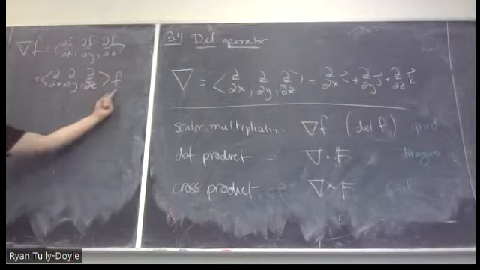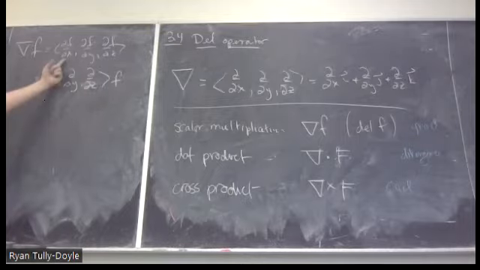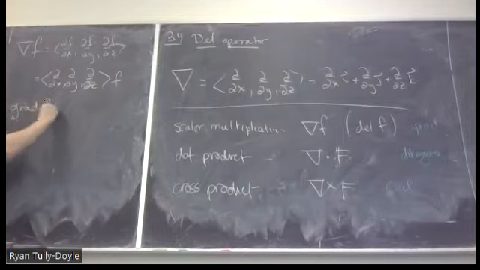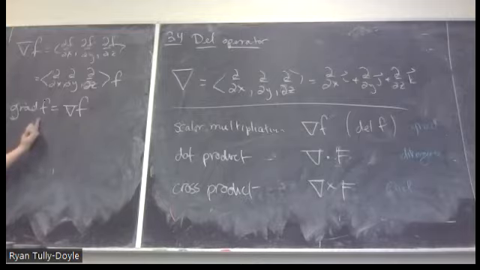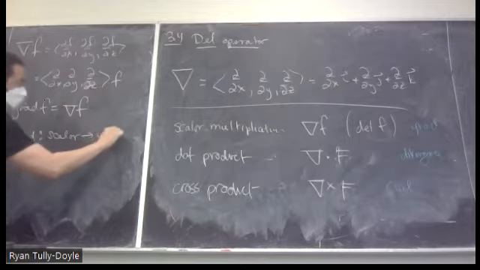It's like you're scalar multiplying this scalar function f into the del operator to get that. And what does this do? What sort of object do you put in and what sort of object do you get out? Well, the gradient, grad f, how are we writing this? The gradient takes in a scalar function and produces a vector function. So the gradient takes a scalar function to a vector function.